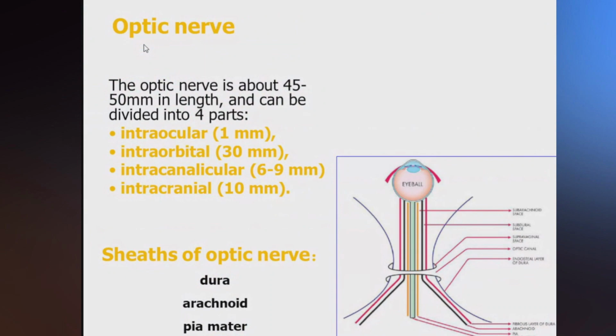The optic nerve is about 45-50 millimeters, and we can divide it into 4 parts: intraocular, 1 millimeter; intraorbital, 30 millimeters; intracanalicular, 6-9 millimeters; and intracranial parts. There are sheaths of the optic nerve: dura, arachnoid, and pia mater.